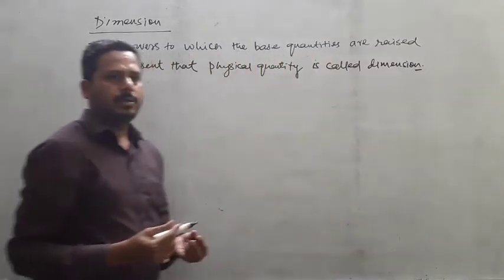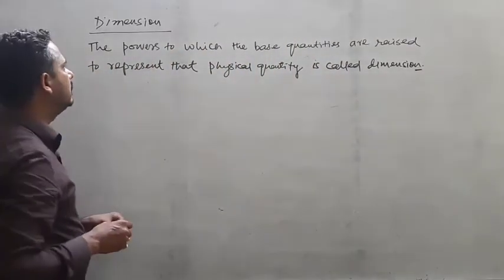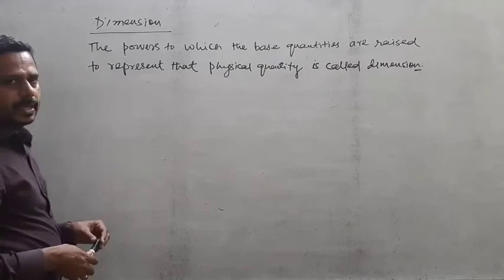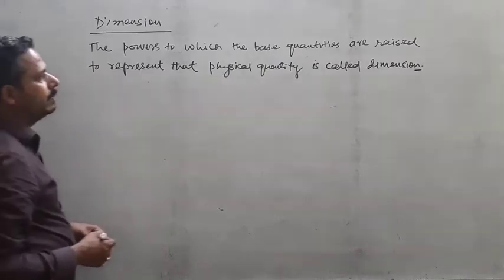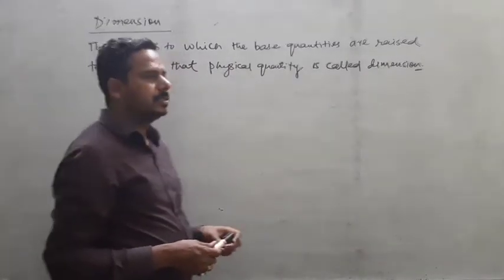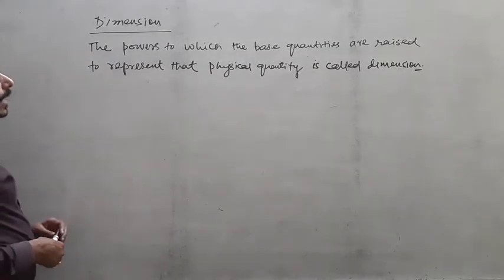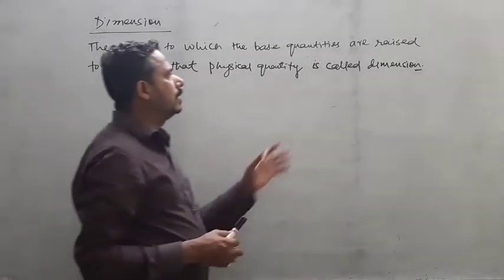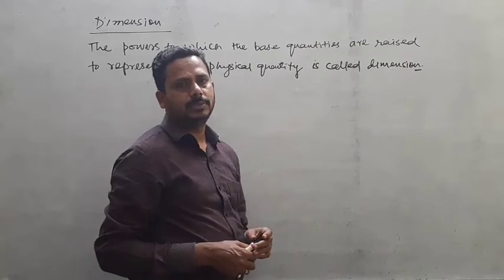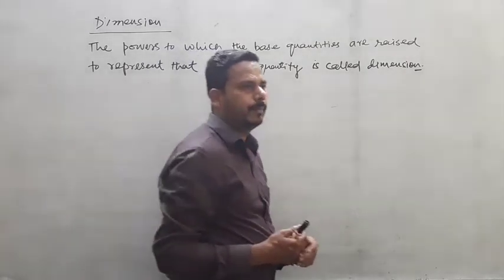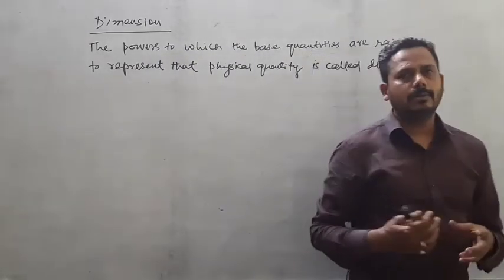So here you are seeing that the powers to which the base quantities are raised to represent that physical quantity is called dimension. Now, how can we understand dimension?